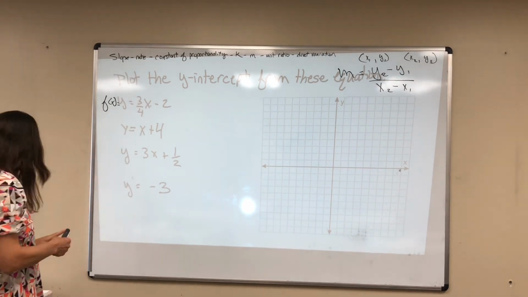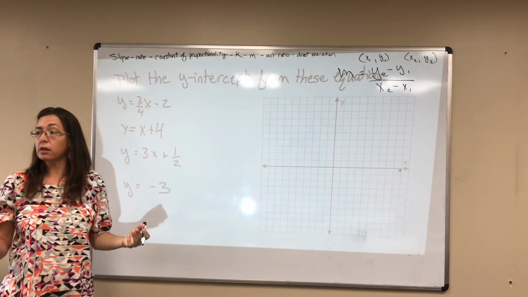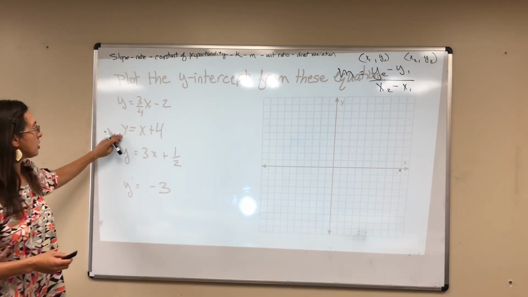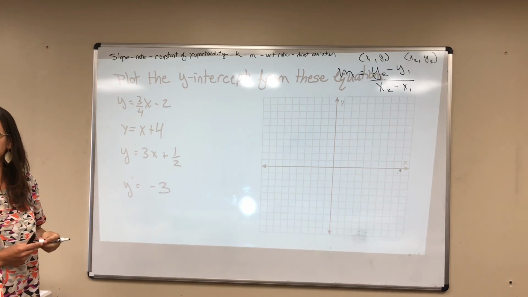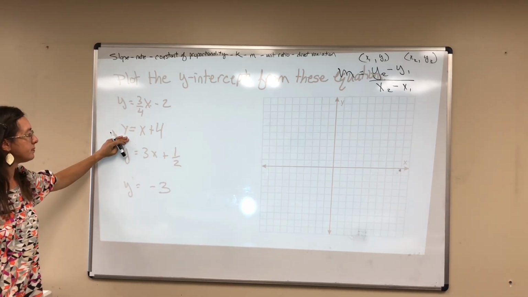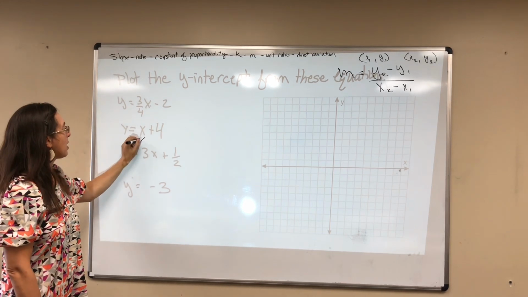Now, what if we rearrange this equation? We're going to start with the second one. I want my x and y on the same side. What would I do to get my x and y on the same side? Subtract x.